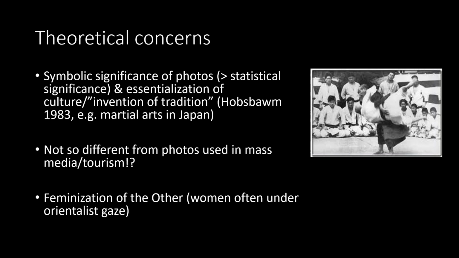Okay, so we find that, for example, a lot of the photos that I've shared with you that come from Kawayama's chapter have represented Japanese women clad in kimono, and this is the case of feminization of the other that Kawayama problematizes.